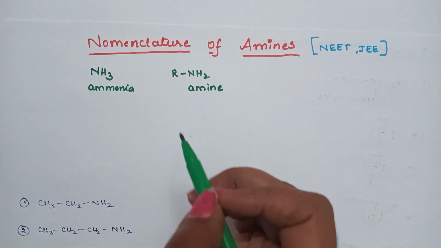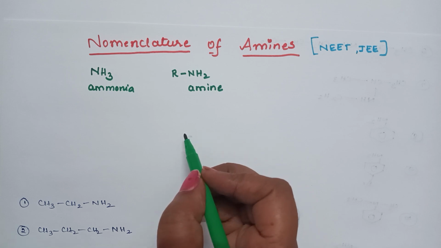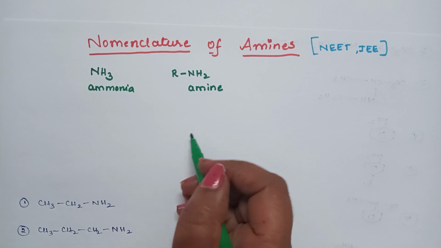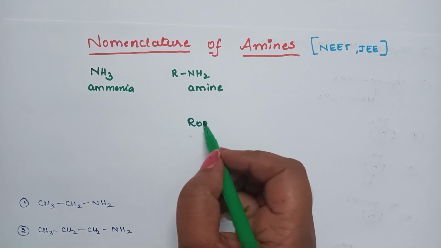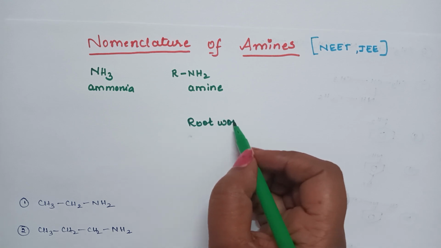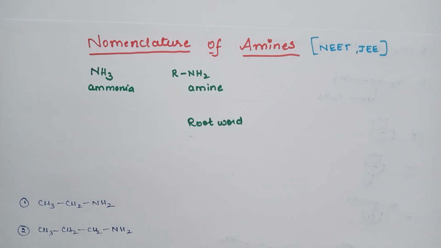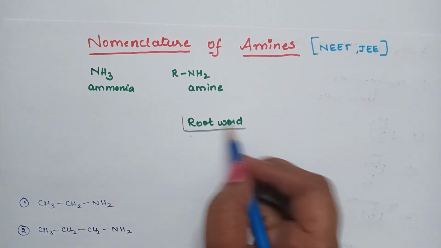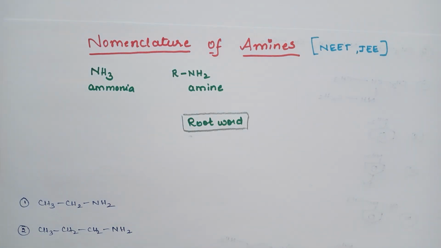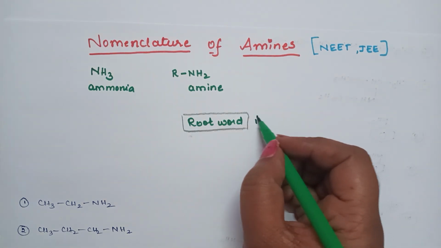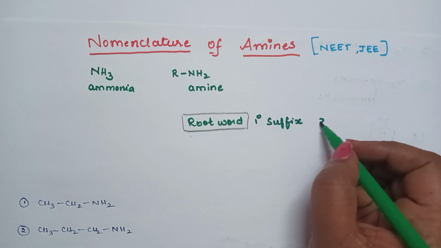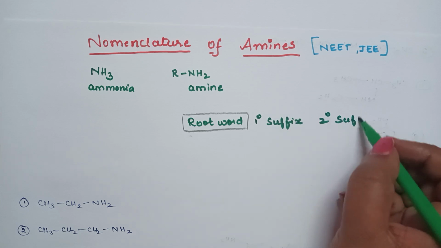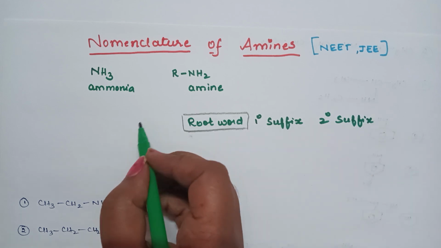Now how to name this? Generally in IUPAC nomenclature, first we write the root word, and then primary suffix, secondary suffix, and then prefix.